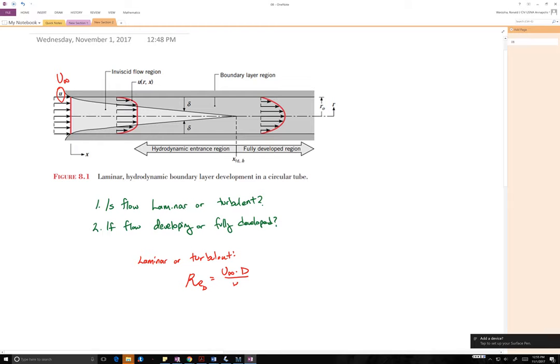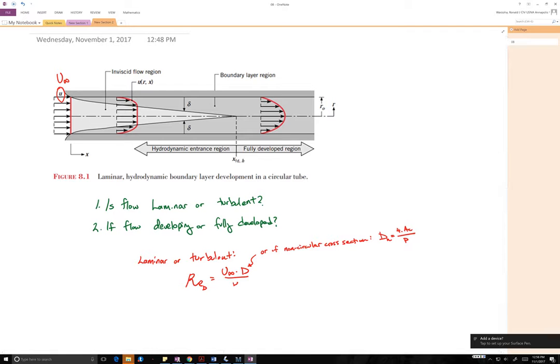This diameter here is the diameter of the inner part of your pipe, or if it's a non-circular cross-section, this becomes your hydraulic diameter, which is equal to 4 times the cross-sectional area of that cross-section divided by its perimeter.